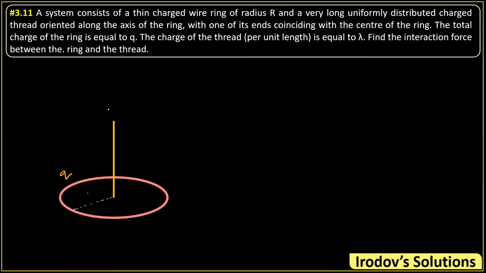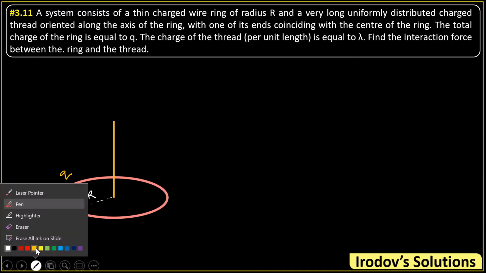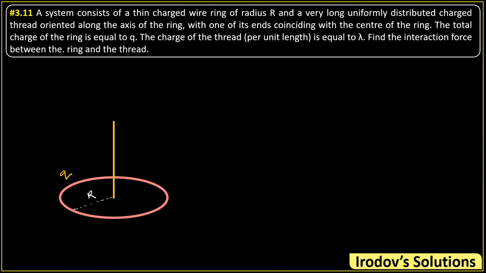And then there is a semi-infinite linear wire, and one end is at the center of the ring, and this wire is along the axis of the ring, and this end is going to infinity. And this linear charge density is lambda. So we have to find the force of interaction between this ring and the semi-infinite wire.